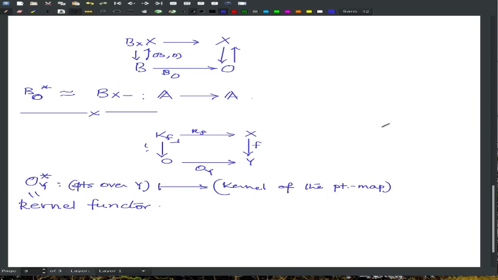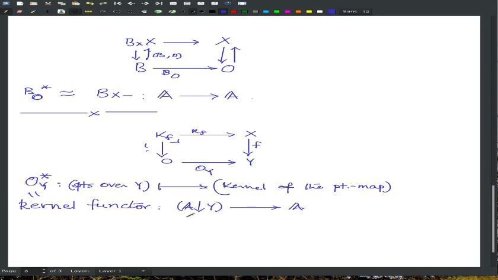Now the short 5 lemma. So what is the kernel functor? If I denote it by this, it is actually the kernel functor restricted over to the points. Kernel functor gets defined for much more general things. It is from this comma category, bundles over y, to bundles over y to a.